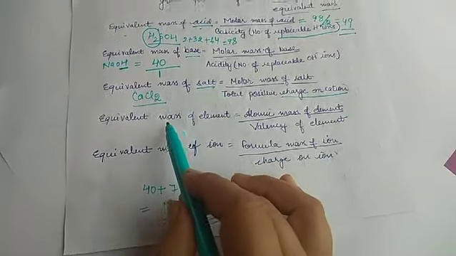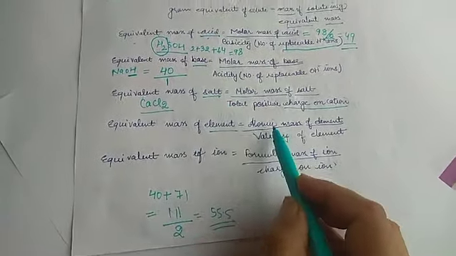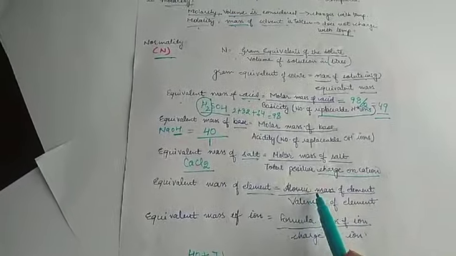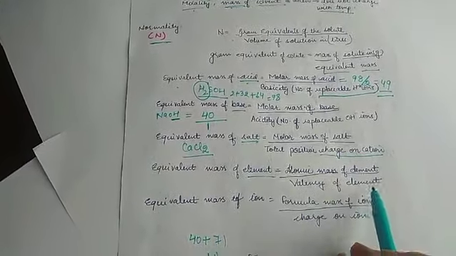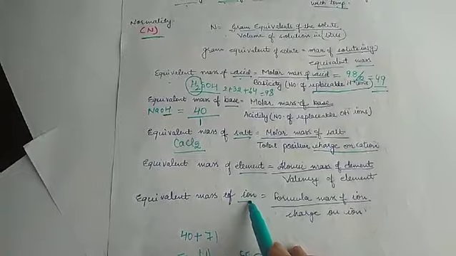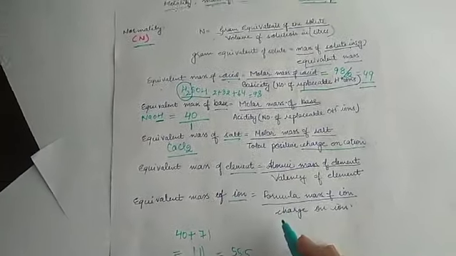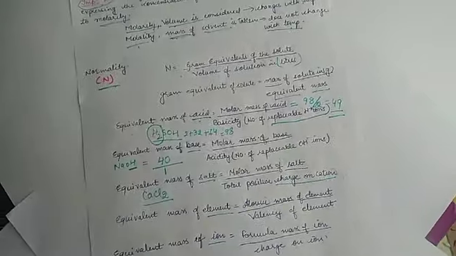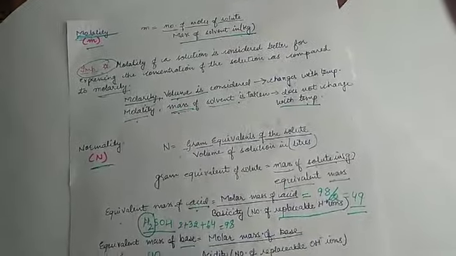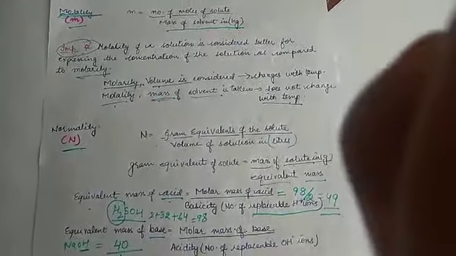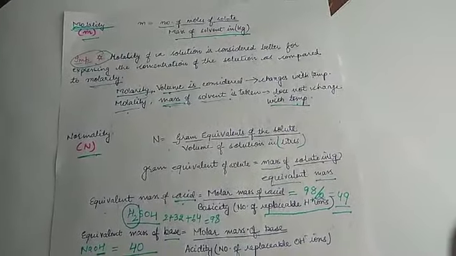Similarly, if we have an element, then simply divide the atomic mass of that element by its valency. If we have iron, then simply write the formula mass of iron divided by the charge on that iron. These are some of the important units of concentration which you have to learn.